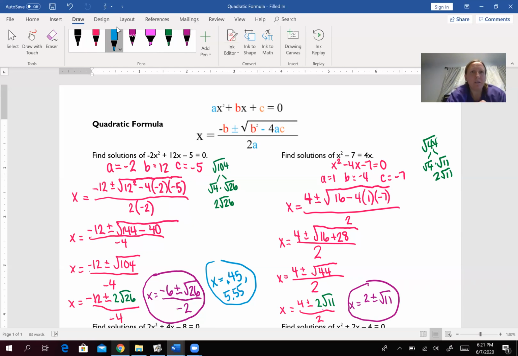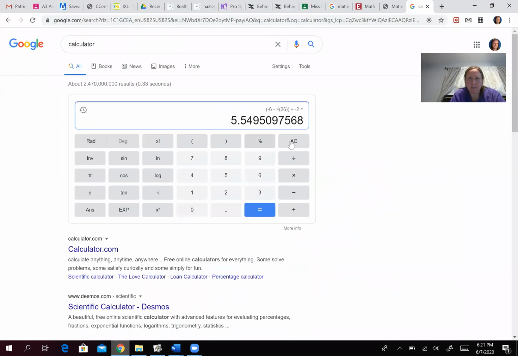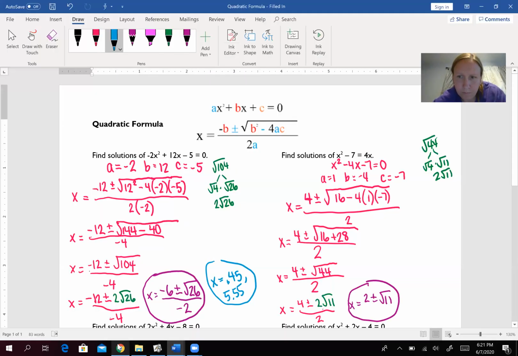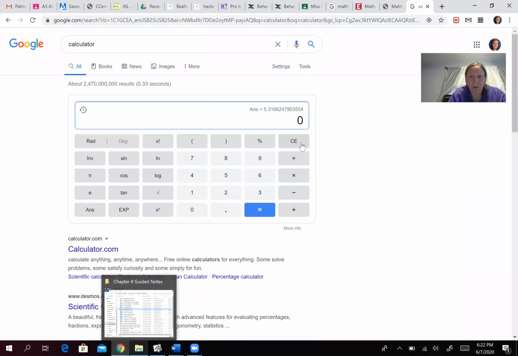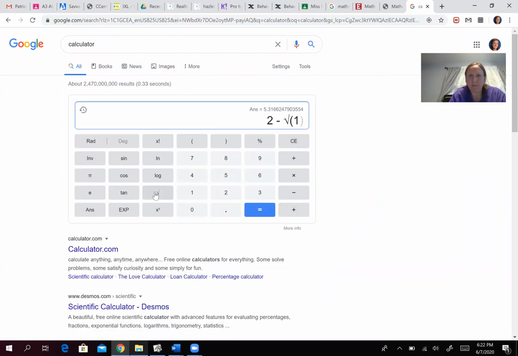And if we wanted to evaluate that, we would say 2 plus root 11 is 5.32. And then 2 minus root 11 is -1.32.